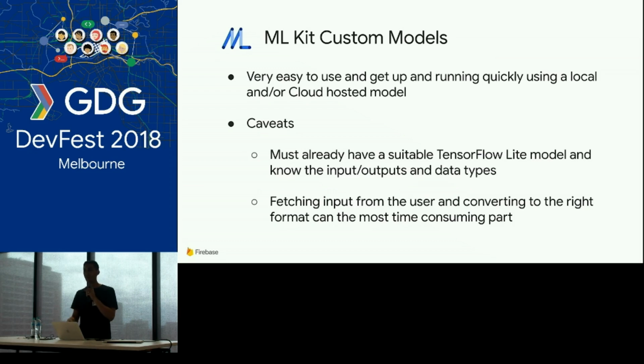ML Kit won't handle that. And some of you might be thinking, wouldn't it be great if ML Kit could do that as well? Well, in this case, for custom models, we want to leave the flexibility up to you. So if you want to process sound, like identifying frogs, for example, in the last talk, then you could get a sound file and convert that into whatever bytes your model uses and send it through.